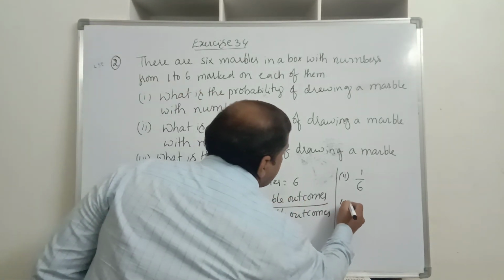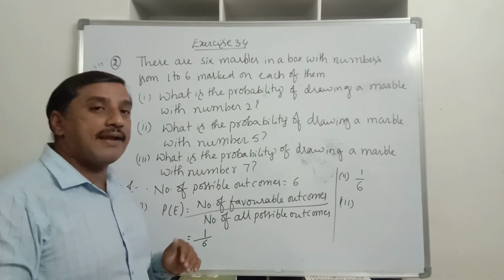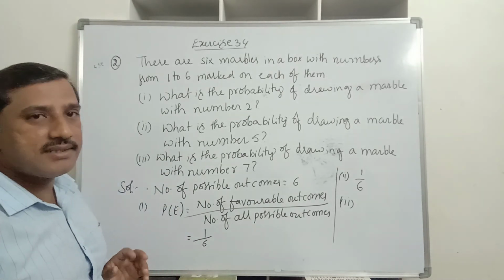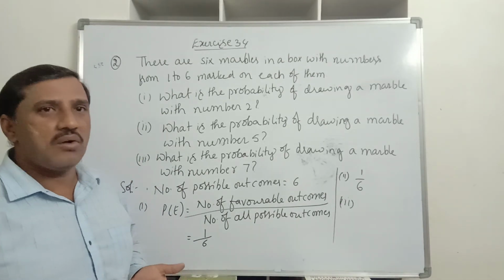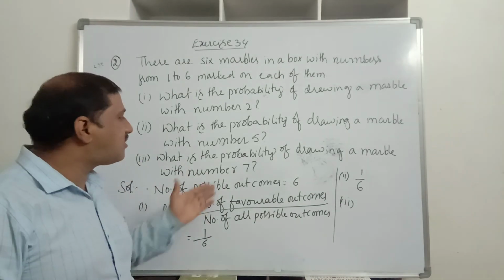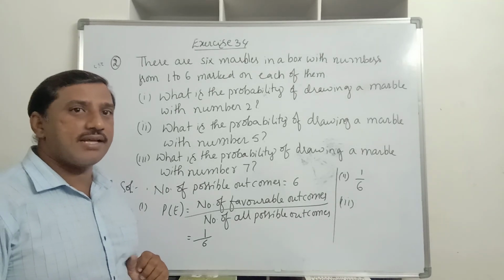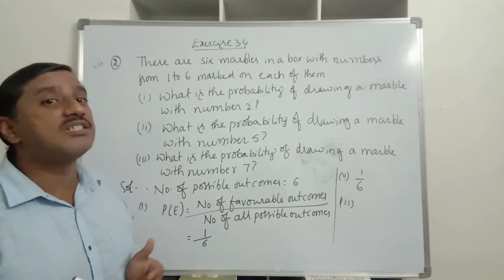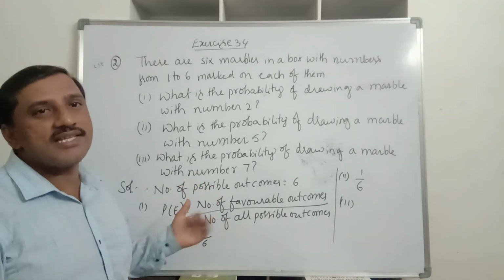Similarly, the third question: what is the probability of drawing a marble with number 7? Do you find any marble with number 7? No. Then what do we call this kind of event? Impossible events, which are not possible to happen. Therefore the probability of this kind of event is 0.